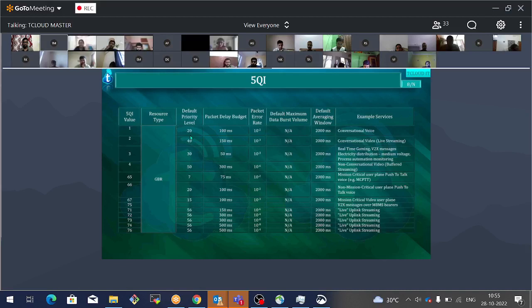Mission critical means typically emergency services. So in the emergency services case, the highest priority you get is 7. Even this mission critical video user plane also is 15 for sending the video, like a doctor, for example. You are talking to a doctor, which is identified as mission critical video. They have the lowest priorities among them.